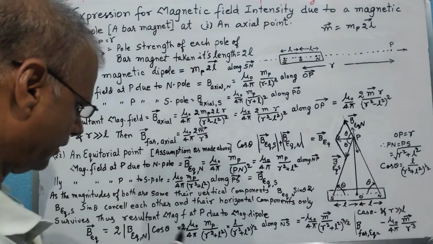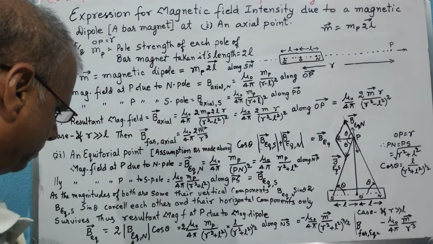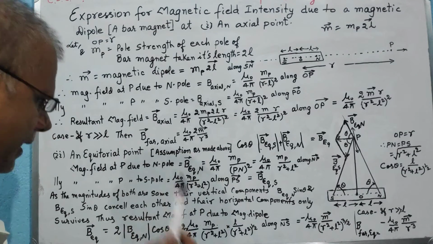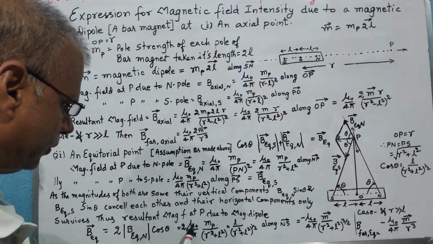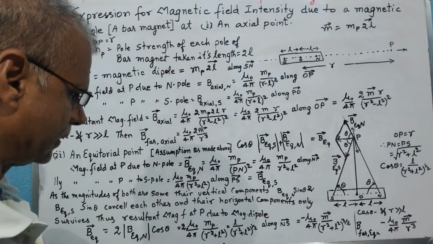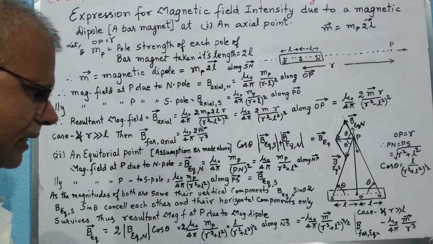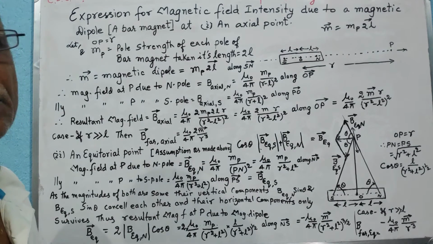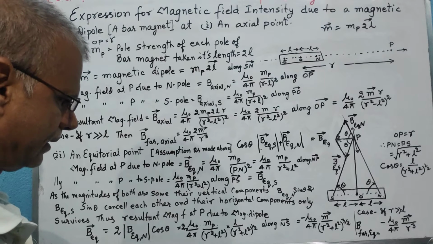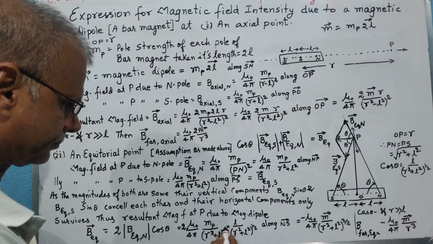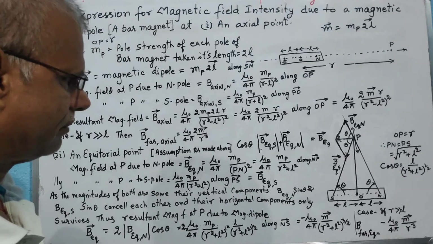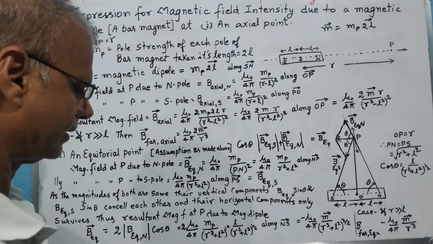On putting the value of cos theta, and the value of B equatorial due to north pole or south pole, both having the same magnitude, you get 2 into μ0/4π · mp/(r² + l²) into L by (l² + r²) whole to the power half. So here we have half power, here you have power 1, that together becomes power 3 by 2.